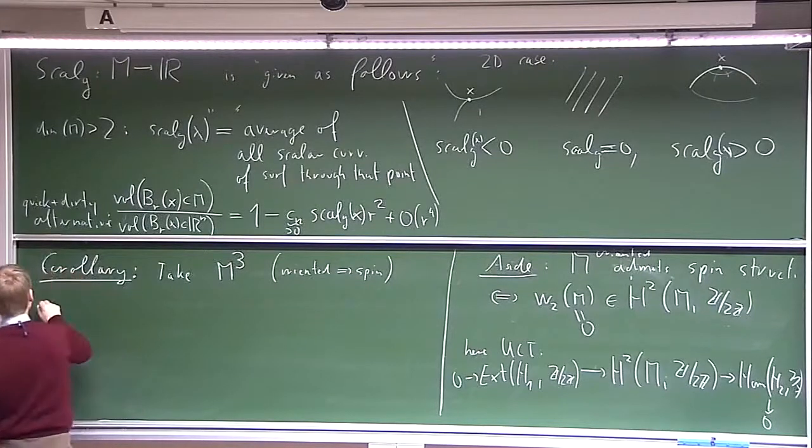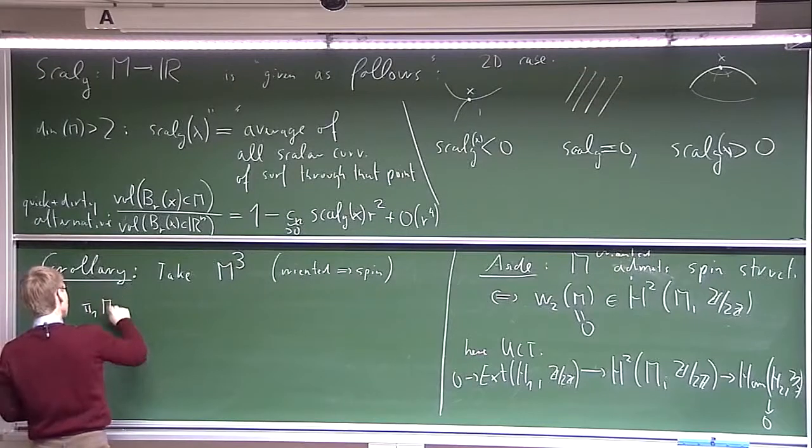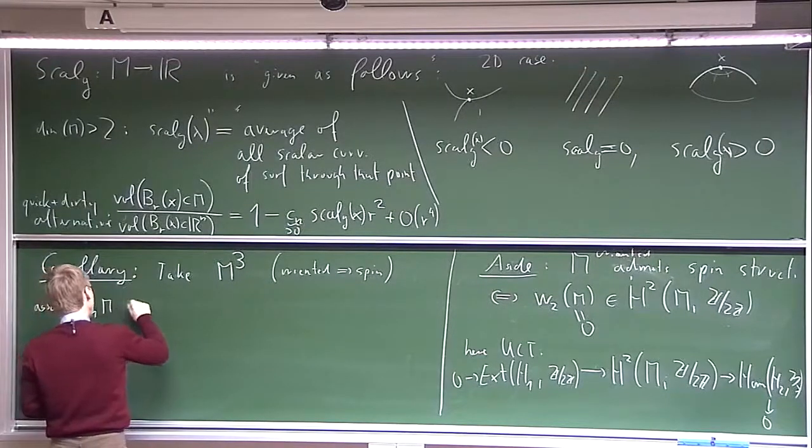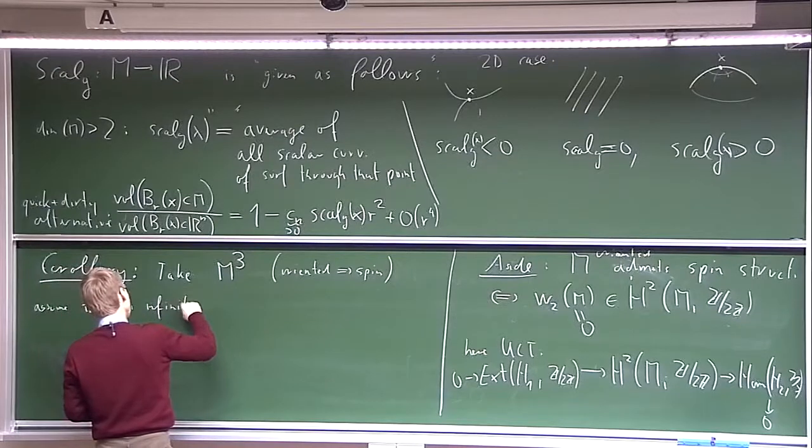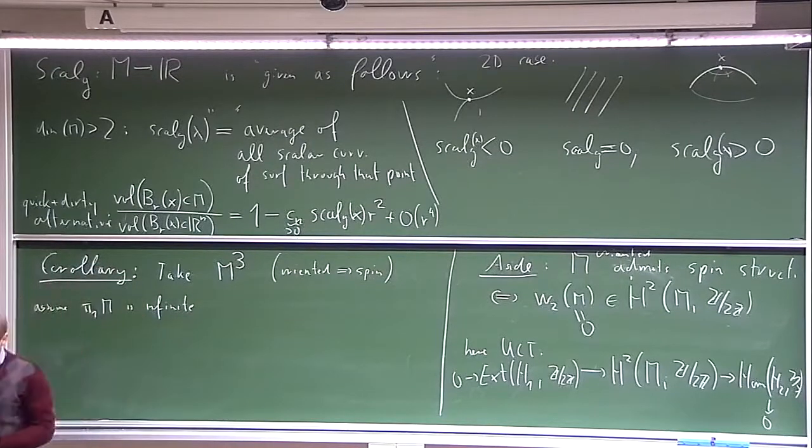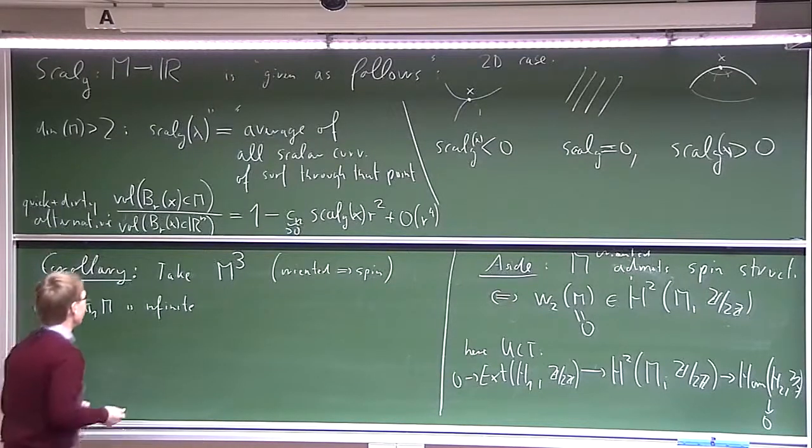And assume pi 1 of M is infinite. Nowadays we know that this is the generic case; either that, or we are in the situation of having a sphere or a quotient of a sphere, by the solution of the Poincaré conjecture. So that's almost always the case, that we have an infinite pi 1.